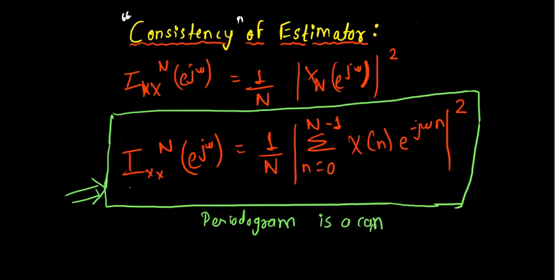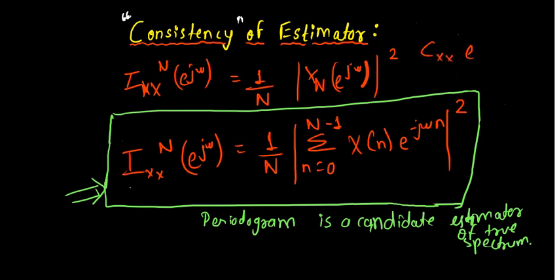Because this is the estimate. So we can say that it is a candidate estimator of our true spectrum. And throughout our lecture series, we will be denoting the true spectrum by Cxx of e power j omega.